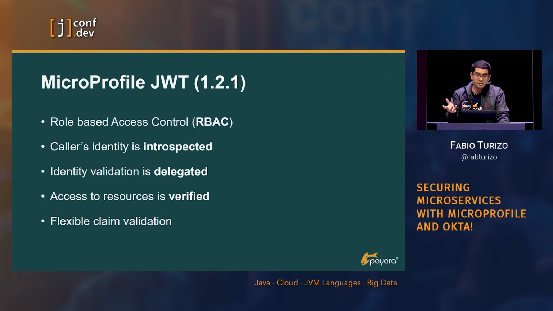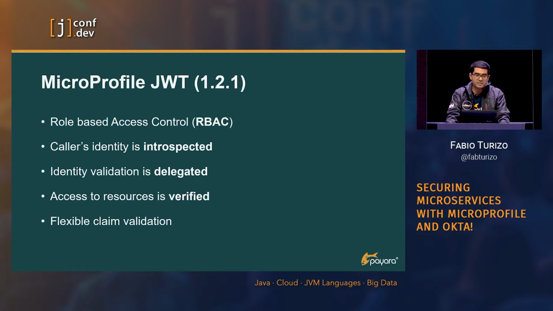And it's a three-parter, because the intention is you introspect the caller's identity, you see, oh, this user is the one that is executing the call. Then you validate it, but the one that does that validation is not the service itself, it's the identity provider. So in this case, Okta will tell you whether or not that user is actually who they say they are.